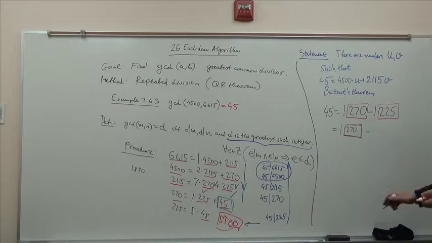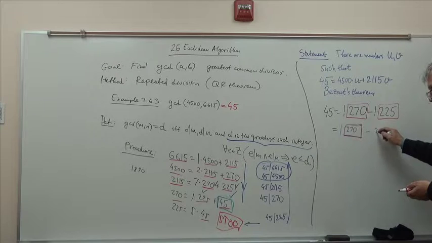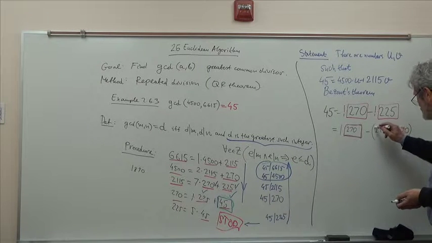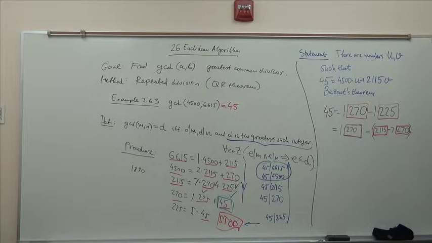So what is 225 from this line here? It's 2115 minus 7 times 270. Okay. And I put those protected values in the box so that they are never multiplied.